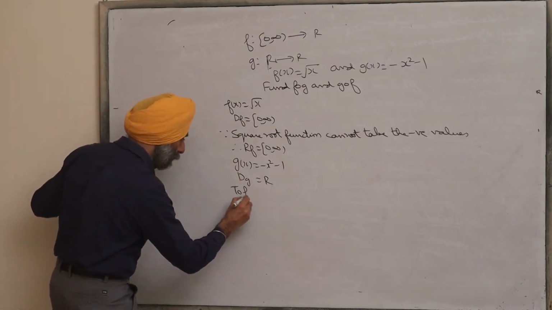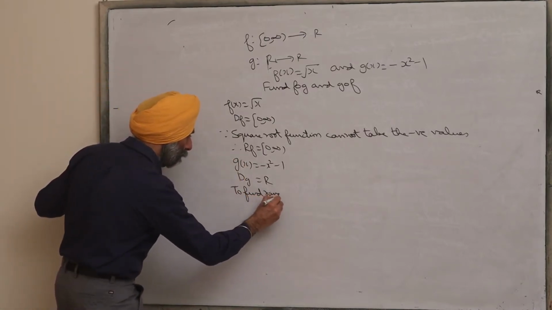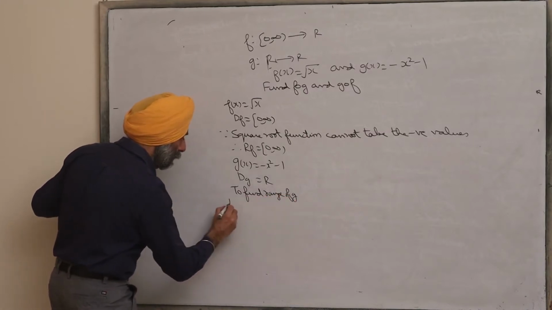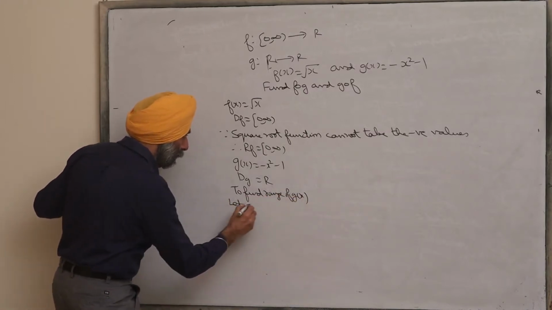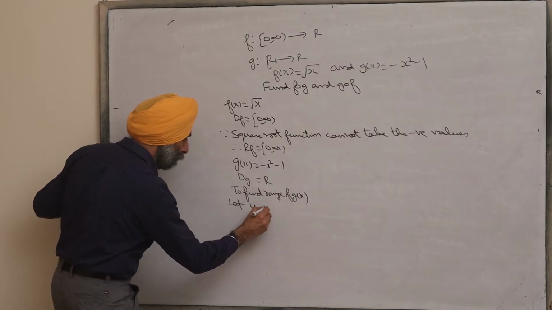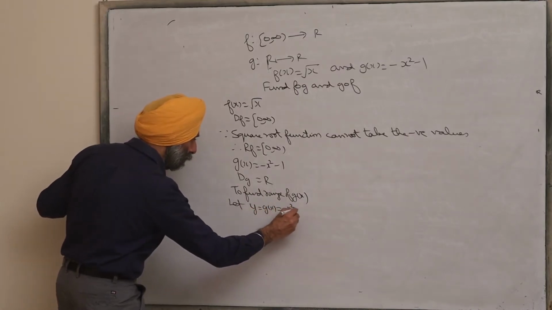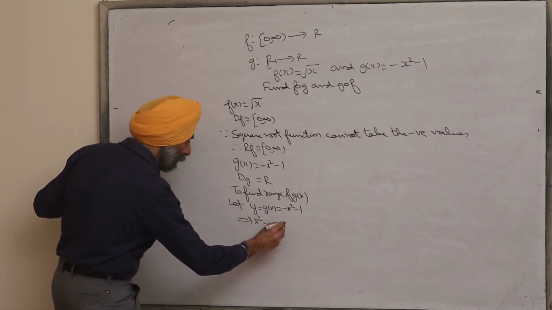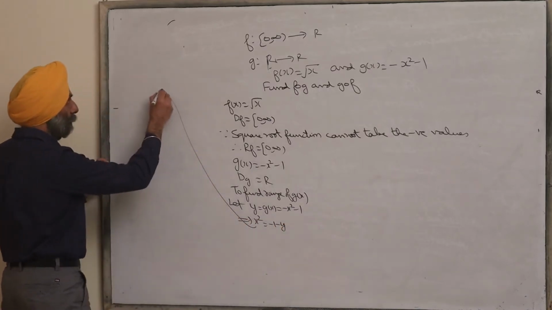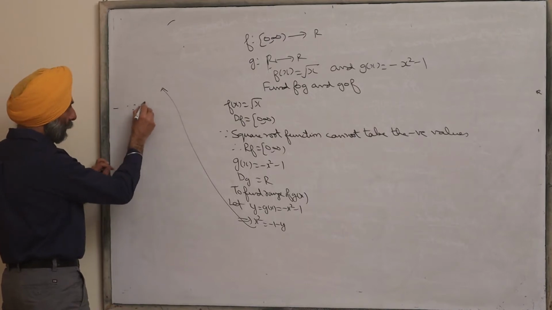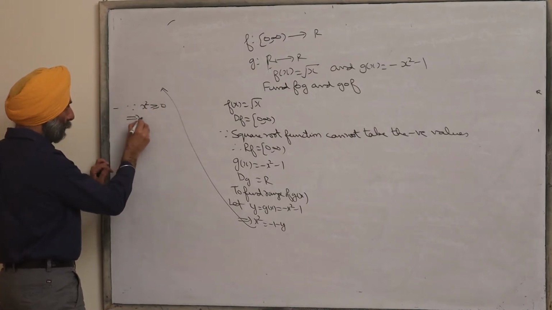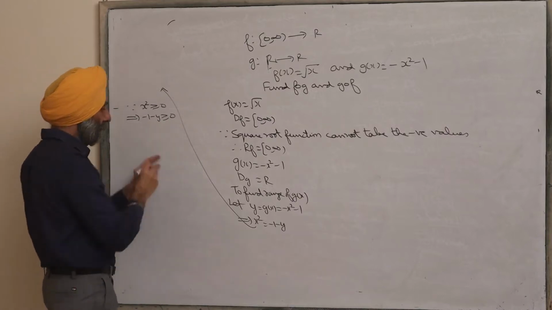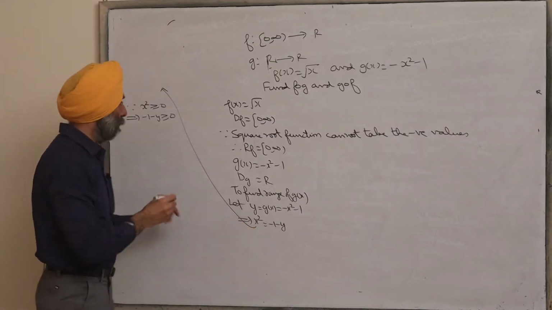To find range of g, let y equal g(x) equal to minus x square minus 1. So this implies that x square is equal to minus 1 minus y. Because x square is greater than or equal to 0, this implies minus 1 minus y is greater than or equal to 0.